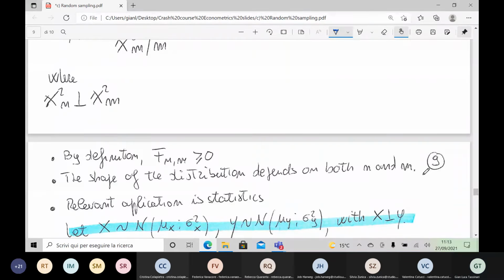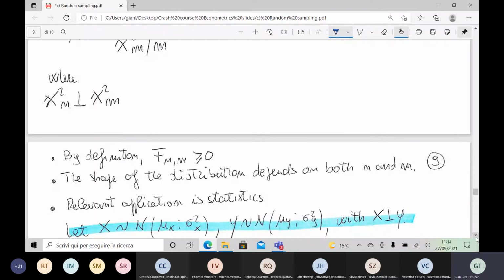Okay, with this one I stop with this F of Fisher, but I wanted to show a very important result in application in statistics and econometrics. In particular, guys, remember that to get result A, result B, and result C, we assumed that X was normal, the population was normal with mean mu and variance sigma square. In this case, guys, we have two different populations.